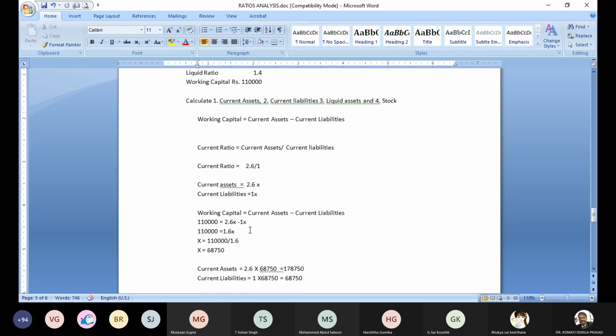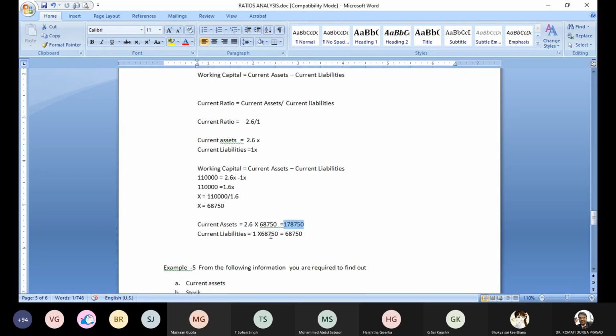Current assets is equal to 2.6x. We know the x value. So therefore, current assets is equal to 2.6 into 68,750. This is the 1,78,750. Current liabilities 1 into 68,750. So if you want, you can verify.